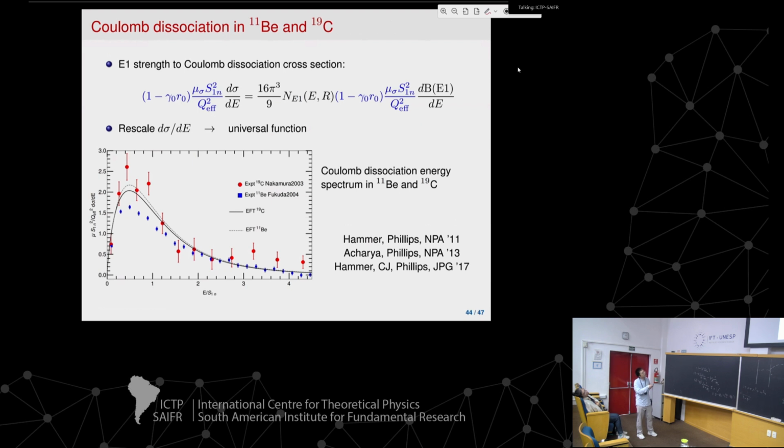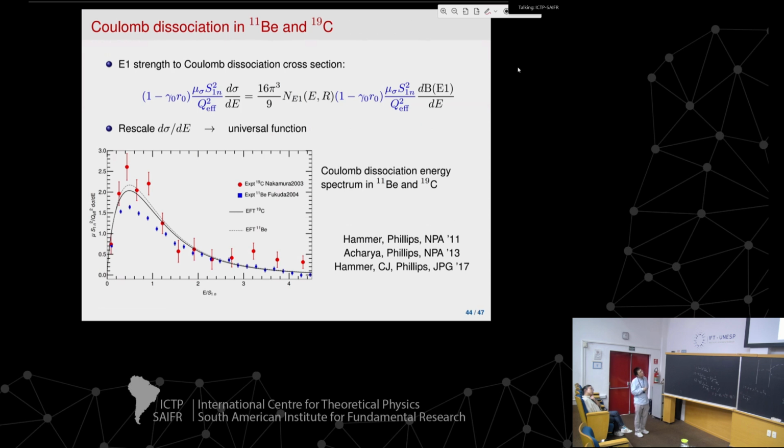The solid line is the universal function for carbon-19, and the dashed line is for beryllium-11. The small differences come from the total virtual photon numbers, which generate a small variation between the two. After doing that, the experimental data for the carbon-19 Coulomb dissociation cross-section match quite well with the universal curve for this E1 transition.